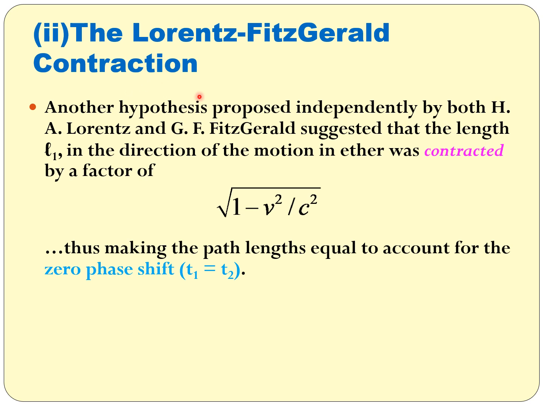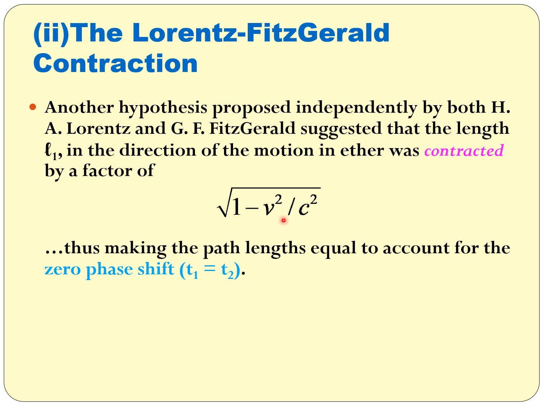Another explanation was given by Lorentz and Fitzgerald. They suggested that there is a contraction in length in the direction of motion in the ether, with a factor of under root 1 minus v square by c square.